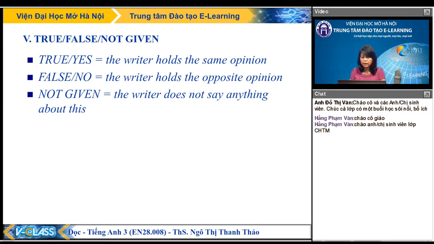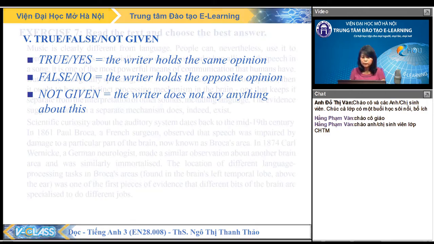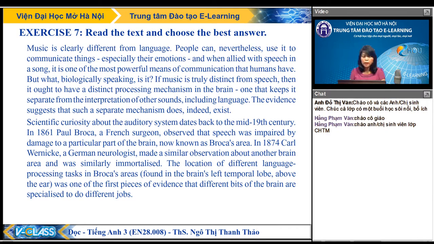So you should care about that. And here is the exercise about true, false, or not given. I'd like you to skim the text. It is about music and language.